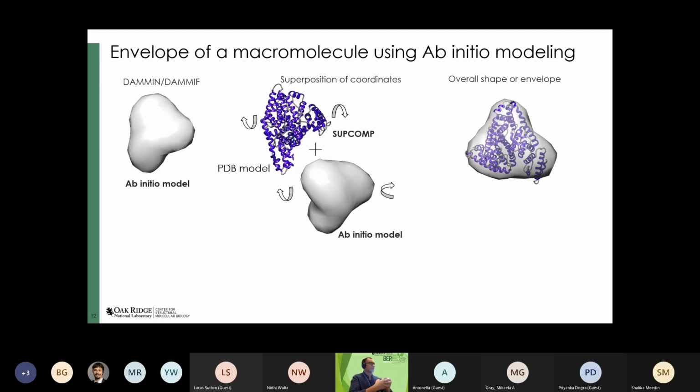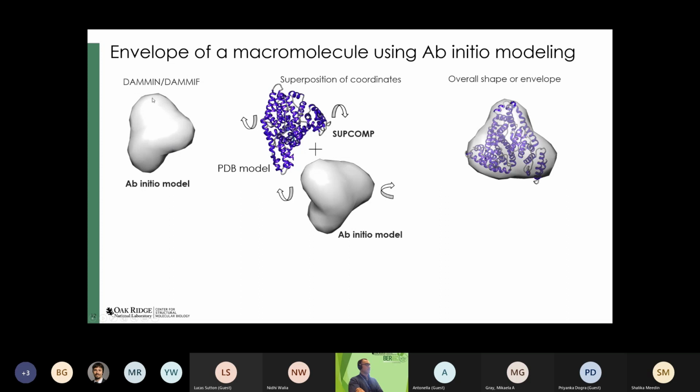So the dummy atoms basically mean the overall volume that you need to have to get the scattering profile, and these dummy atoms are going to look for the most probable, ideal arrangement that represents the overall shape.